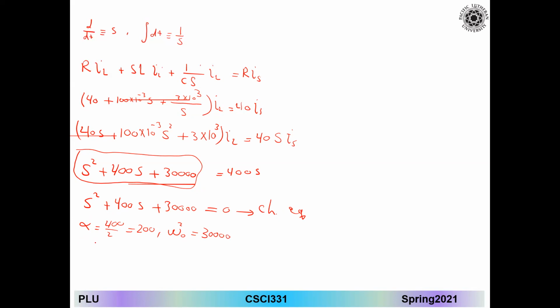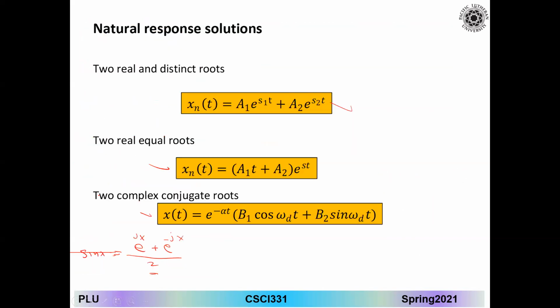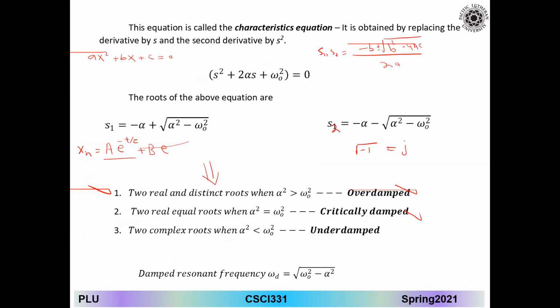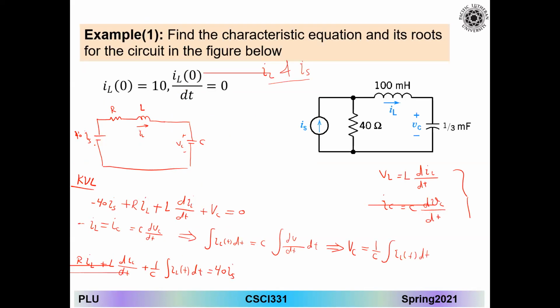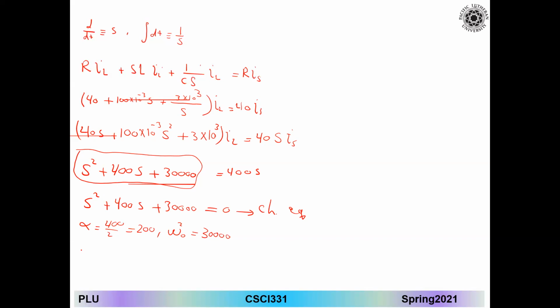Now I need to find the roots based on my characteristic equation. Quick reminder, this is the equation I'm looking for: S1 will be minus alpha, plus or minus. S1 is minus alpha; I have alpha is 200, so minus 200. Somebody prepare the calculation, guys.